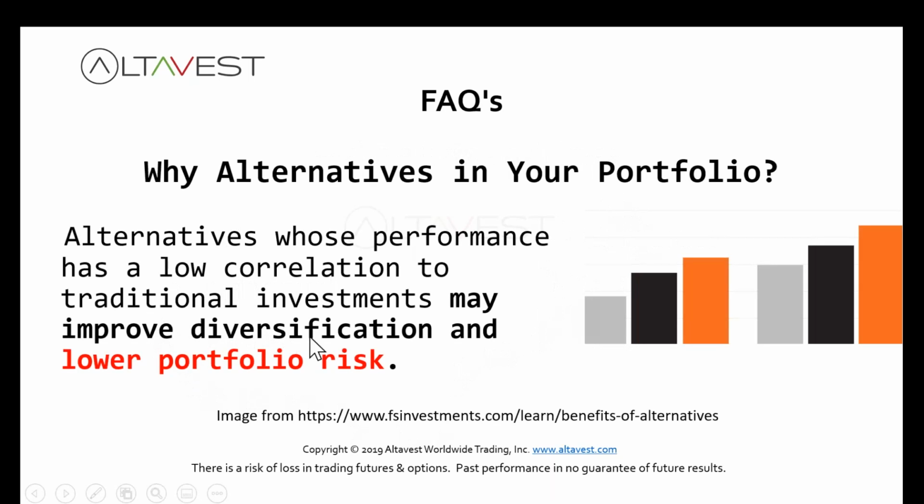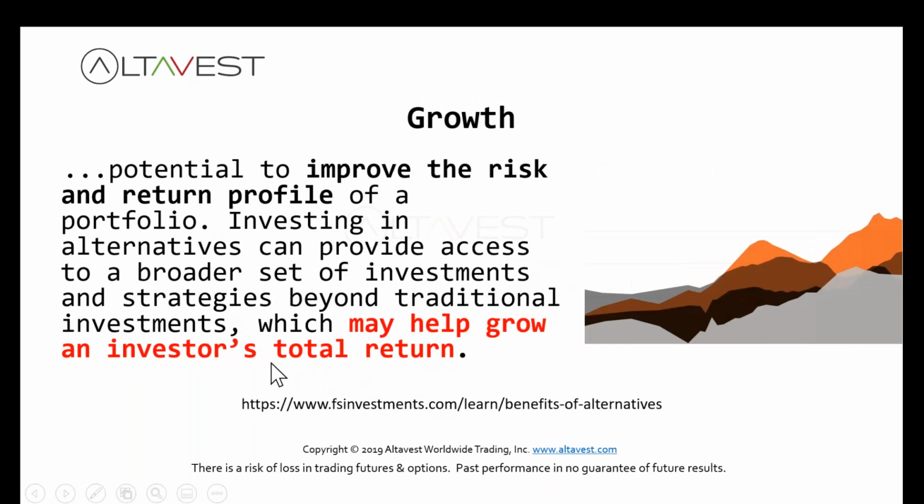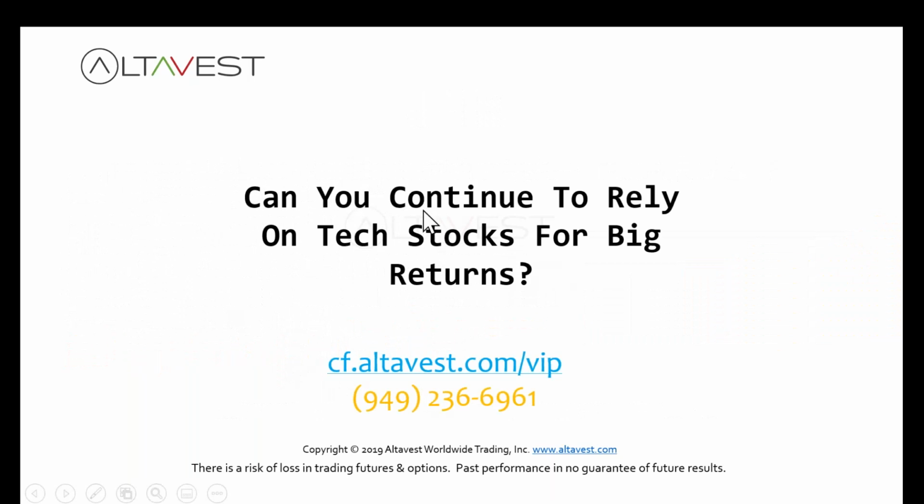So in terms of trading futures, and here's to wrap it up why we like alternatives. They may improve diversification and lower portfolio risk, may help grow an investor's total return, improve the risk return profile. And then this is kind of fun. I just threw it in here before we wrap it up. Can you continue to rely on tech stocks for these big returns? Well, this is a fun chart.